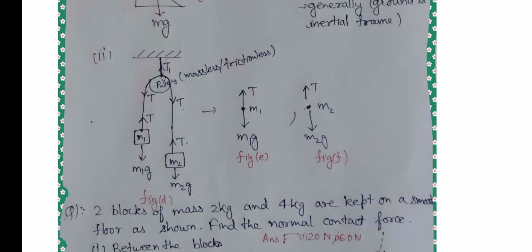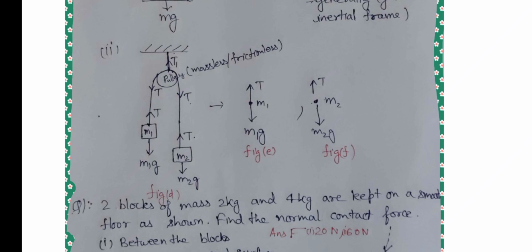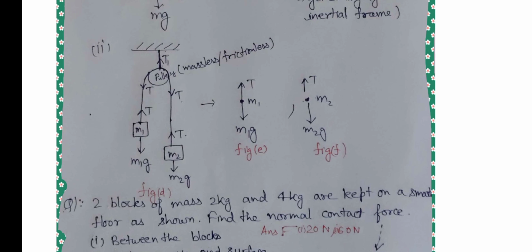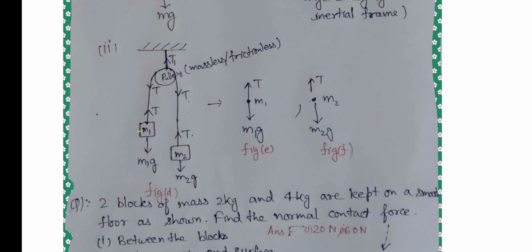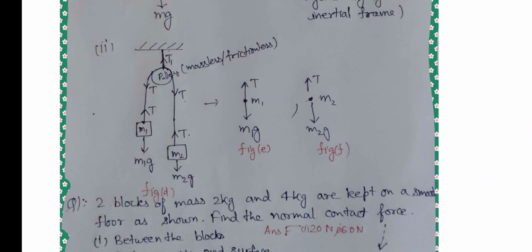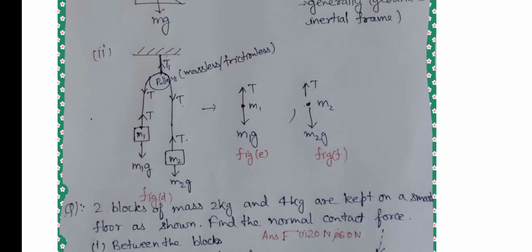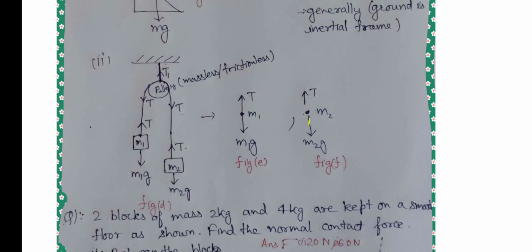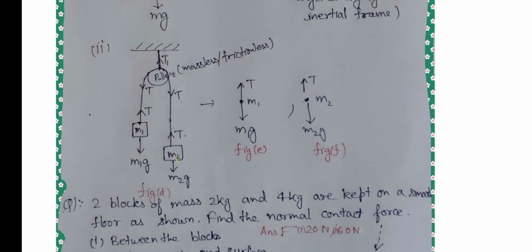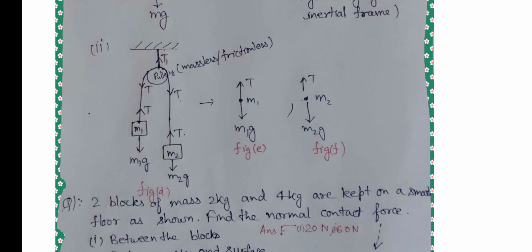It is denoted by T1 here, on the upward side. Now in figure E, we draw the FBD for point mass M1, and this is our FBD. For mass M2, the FBD is drawn the same way.